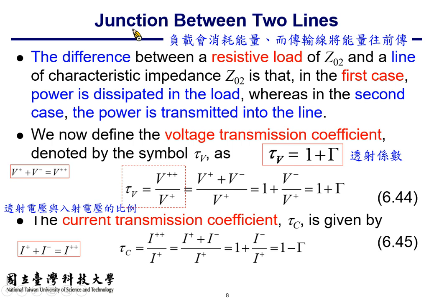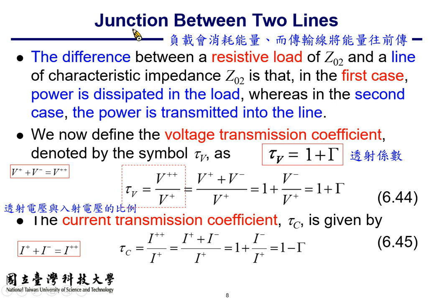So we also need to notice the difference between the reflection coefficients defined here. The top case is the reflection coefficient of a resistive load, while the bottom one is the reflection coefficient for a two-transmission-line connection.